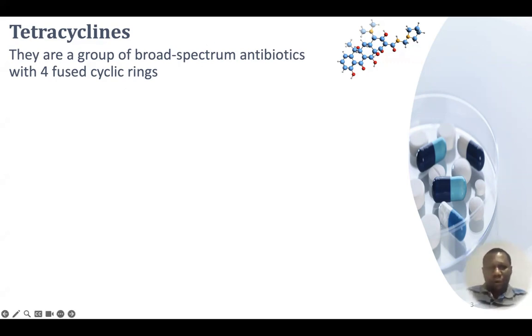So when you look on the board, you'd realize that the structure I have in the corner, there is one cyclic ring here, there is a second one here, there is a third one, and then there is a fourth one. So we have four cyclic rings that are fused. So it is from these four cyclic rings that are fused that we get the name tetracyclines.